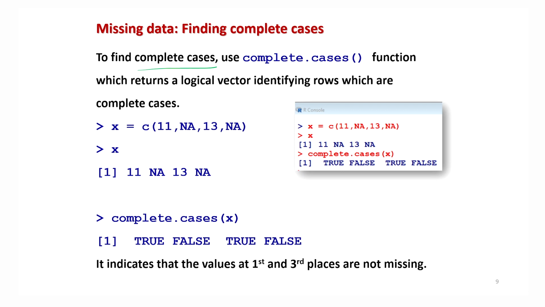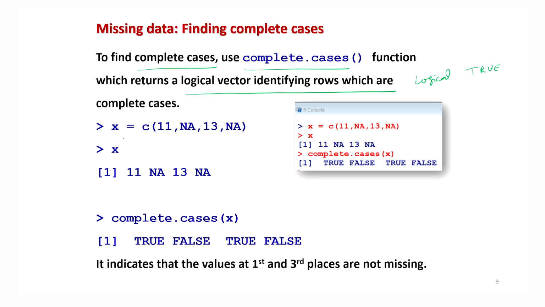So for this I can use the command complete.cases, and inside the parenthesis you have to write down the data vector. This will return a logical vector and it will try to identify the rows which have the complete cases, and wherever we have the complete cases, the outcome will be a logical vector. It is something like TRUE, and if the value is missing, then it will come out to be FALSE.